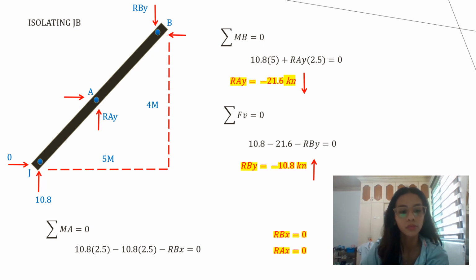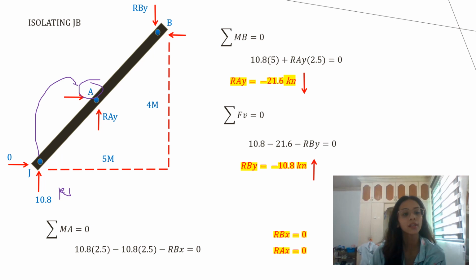So let's moment our RJ, which is the 10.8, clockwise to A, times the distance of 2.5, minus our RBY, counterclockwise to A, times 2.5, minus our RBX, since it is pointing to the left.